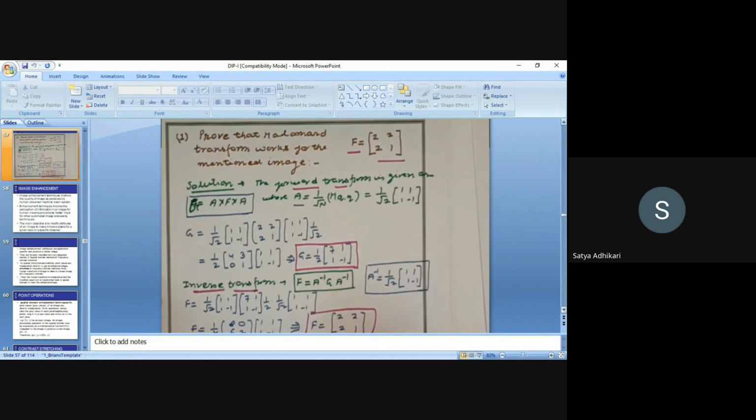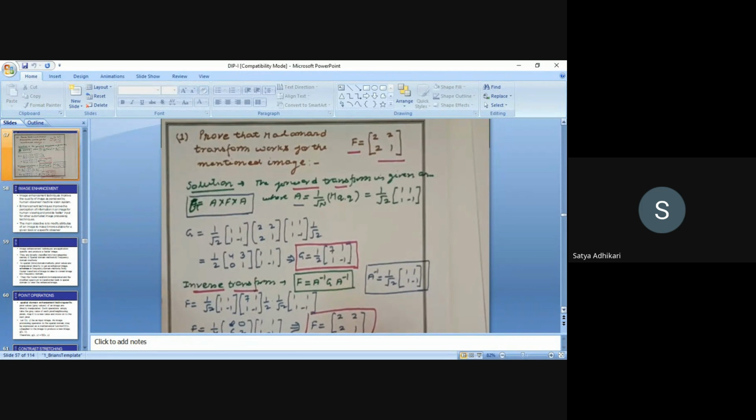Now I am multiplying this result, the product of the first two matrices, with the third matrix. That is 4 into 1 plus 3 into 1, 7. You see the 7. Then 4 into 1 plus 3 into minus 1, 1. And 0 into 1 plus 1 into 1, 1. And 0 into 1 plus 1 into minus 1, minus 1.